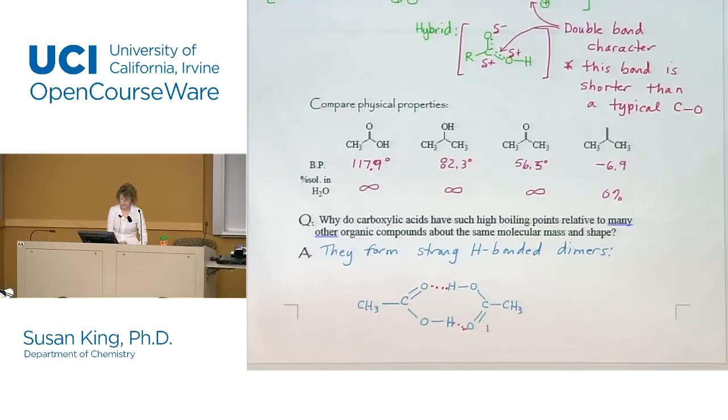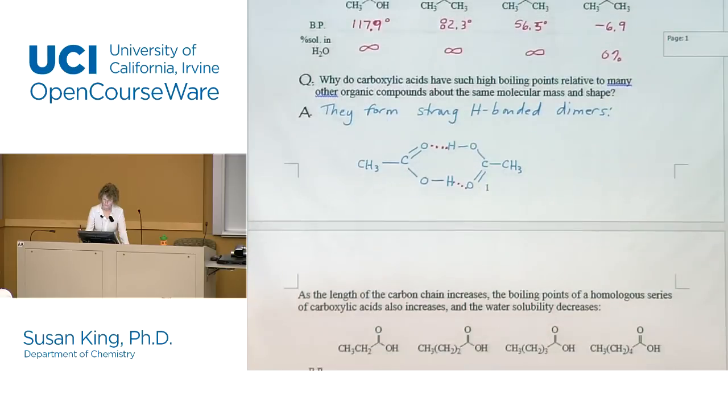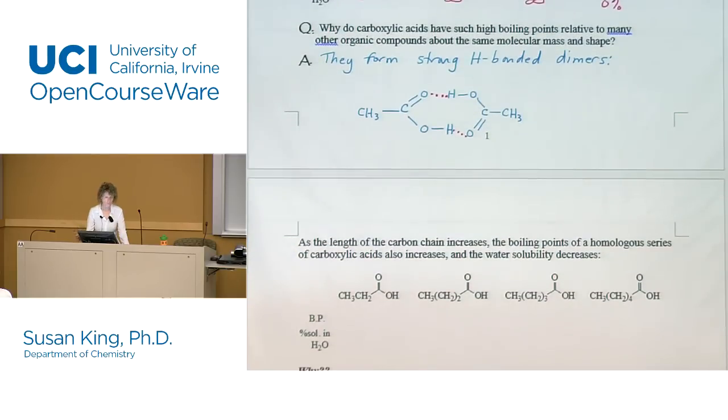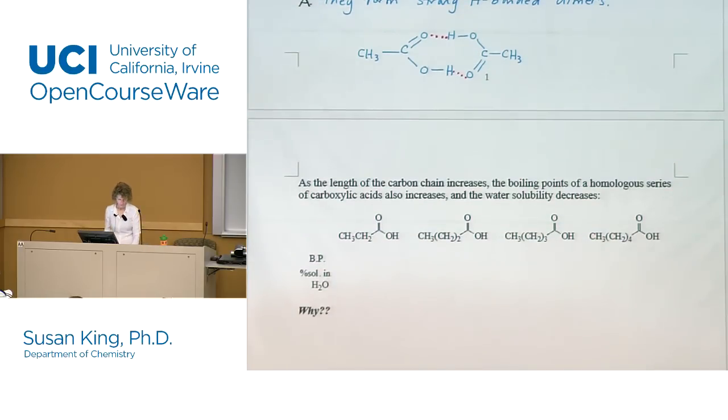And then when we extend the length of the carbon chain, as you would expect, the boiling points are going to go up. So adding one carbon, we have 141. One more carbon, 163. So as we increase molecular weight, we're going to increase boiling point. 186 here. And 205.